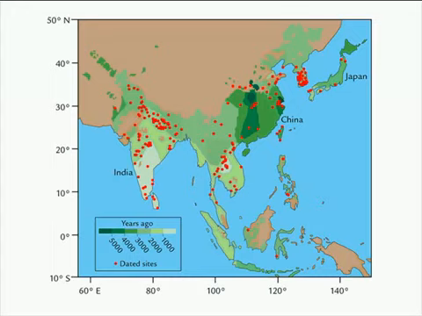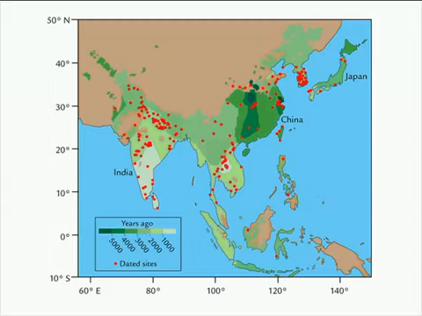Now, Dorian is both an archaeologist, but most especially an archaeobotanist, so he can tell whether he's looking at remains of dry rice or wet rice, and he can tell if it's been domesticated or if it's still wild. So this is a very nicely constrained map.